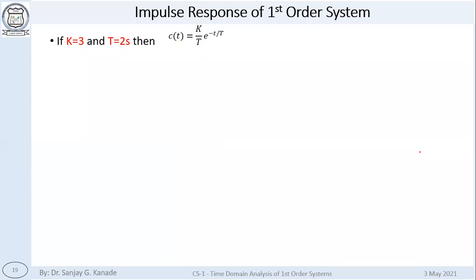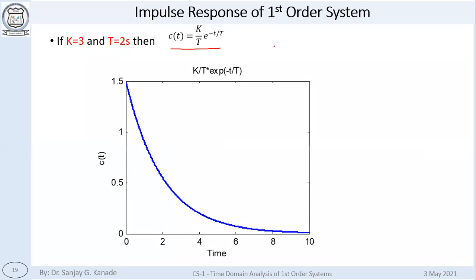Just for an example, if K is equal to 3 and T is equal to 2 seconds, then using this impulse response equation, we get this kind of a graph. Remember this kind of a graph. Have you seen this kind of a graph somewhere earlier in your studies? It is the graph of the discharging of a capacitor.